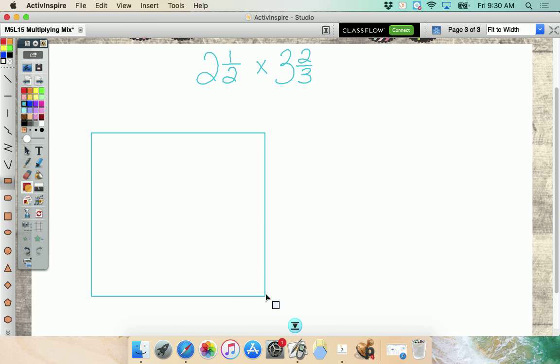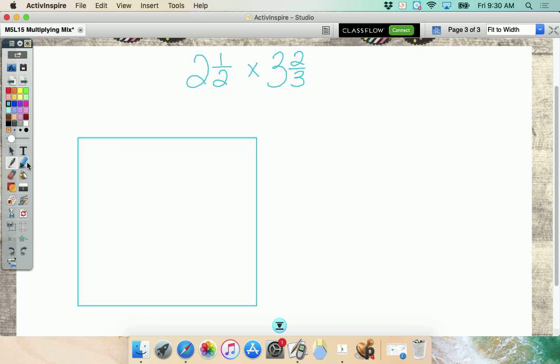So it's okay with me if you make your box huge. I'm going to keep mine a little smaller. Now when I decompose these, everybody want to try and decompose those on your own? Okay. And you're not copying me, are you? And then get them on your area model.